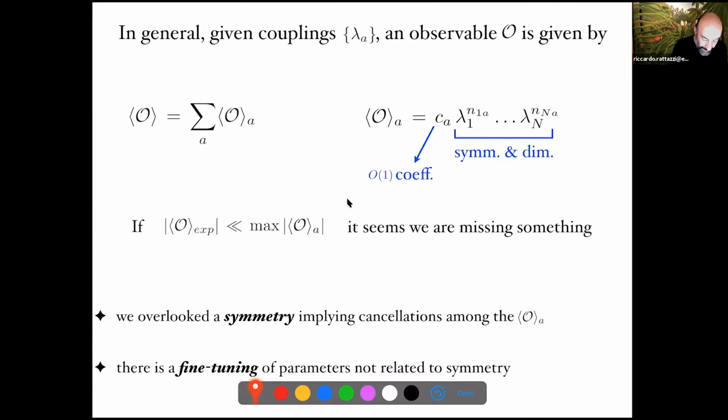Either the quantity that you compute, when you measure it, may be much smaller than the biggest of these contributions, or it could be of the order of the biggest. If it is of the order of the biggest, that's it. That's normally the case: there are many contributions, and one dominates the others.